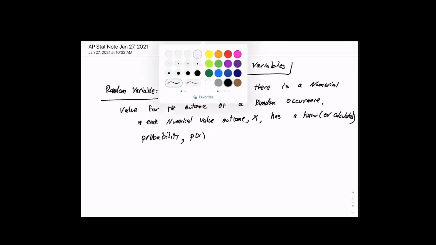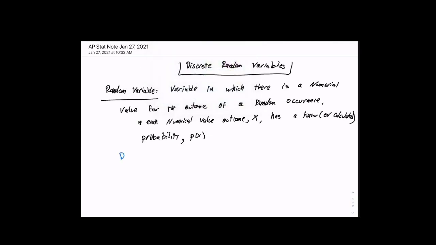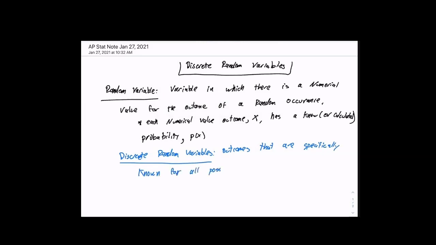we will also be talking about, and when I talk about discrete random variables, which is what we are covering, these are outcomes that are specifically known for all possible outcomes.